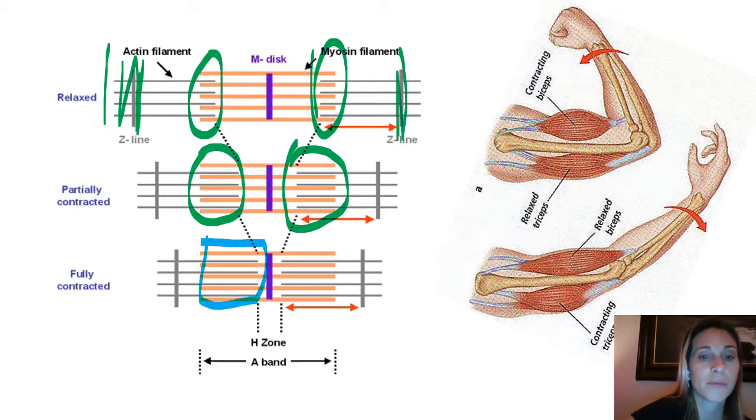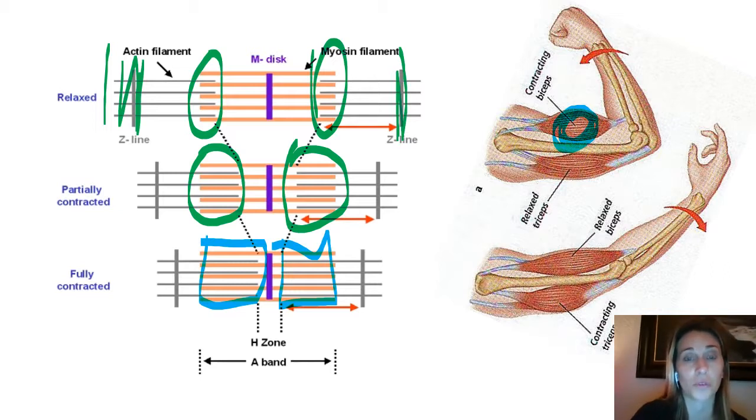So you can see we have maximum overlap. That little sarcomere is at its fattest, right? It's the chubbiest point, and it's kind of characteristic of this happening right here in the contracting bicep of the overall organ, right? The other thing that's important to remember is that it's now shorter.